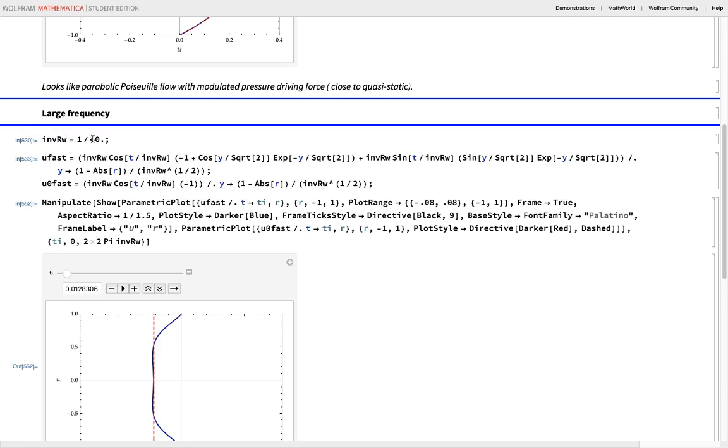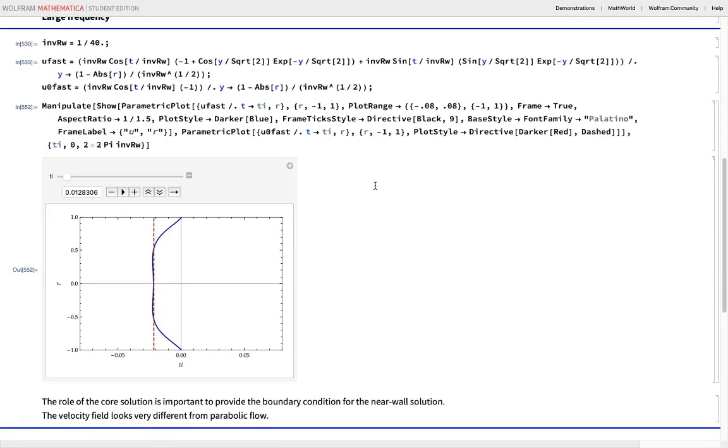I've taken a value of RW that's reasonably large, about 40. So 1 by RW is 1 by 40. I then wrote out the solution for the fast frequency exactly as we obtained. And U0 is only the plug solution obtained in the core region if I had not done the boundary layer singular perturbation analysis. And I now plot the two of them here.